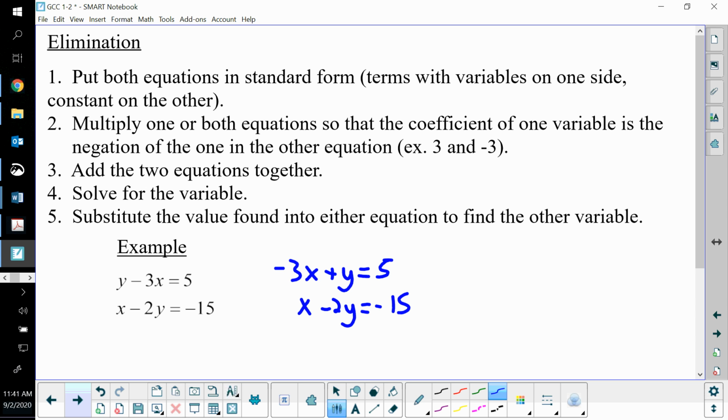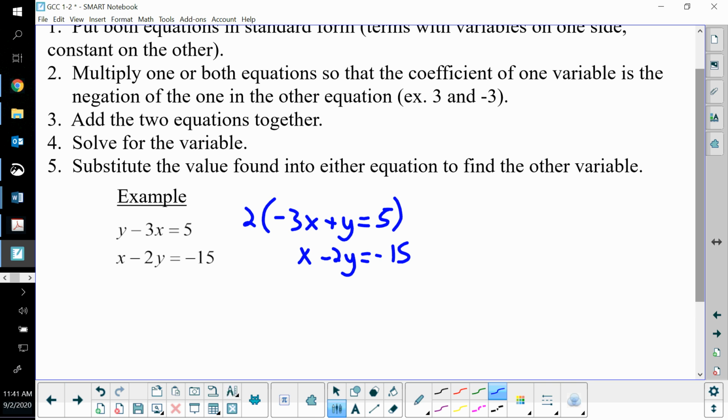If we want to get the y's to match up, we probably want to multiply the top by positive 2, because that would give us 2y, and then that would pair with the negative 2y to eliminate. So we always want to get the same number but different signs. So we'll multiply the 2 through to everything, including the other side of the equal sign. So we'll get negative 6x plus 2y is equal to 10.